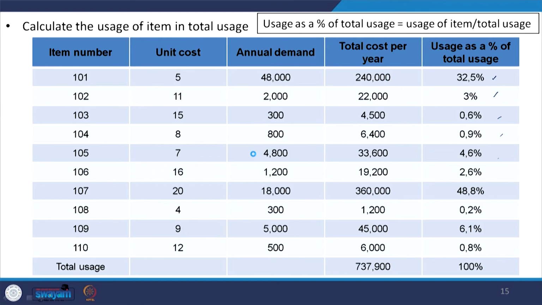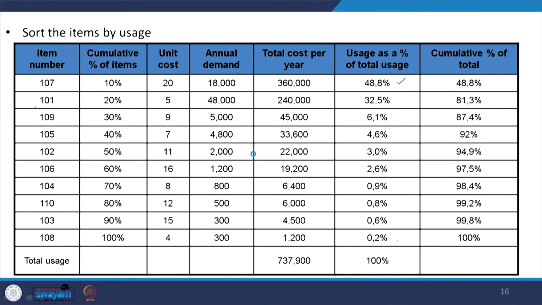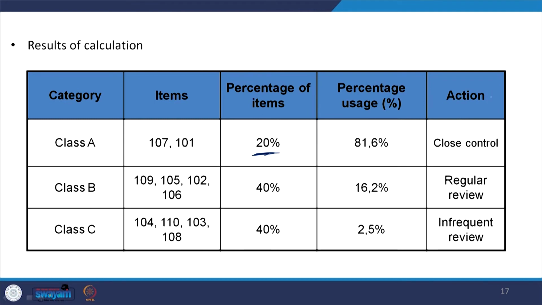So, 2 items having the maximum contribution, because by adding these 2 items it becomes somewhere around 80%. 20% of 10 is 2. So, these 2 items, 107 and 101, are my type A items.